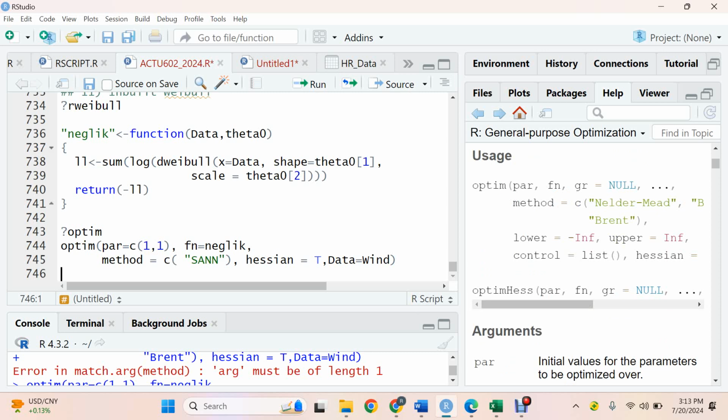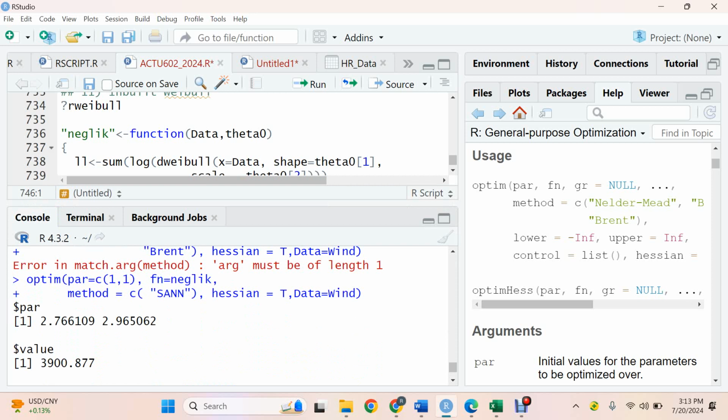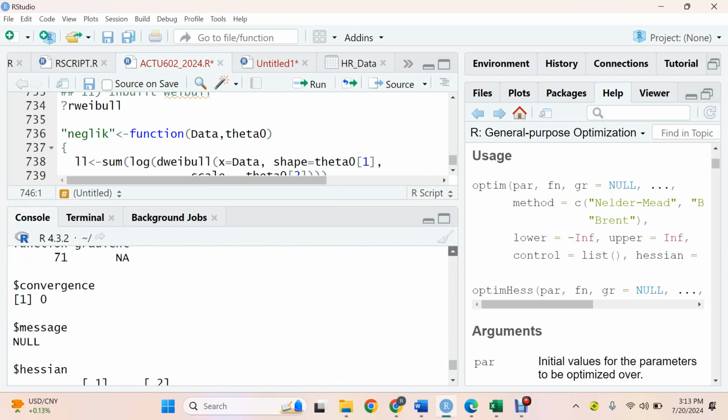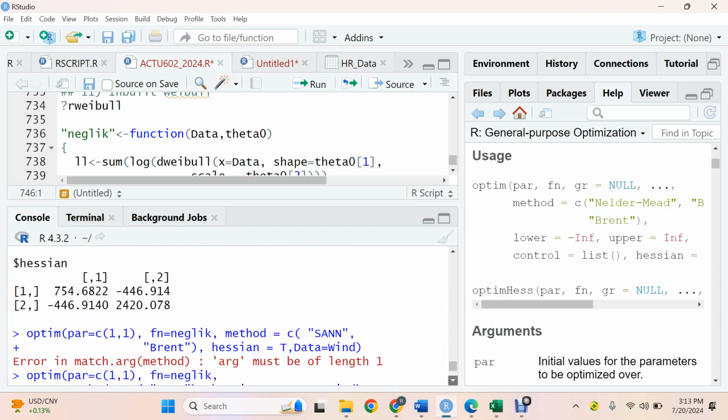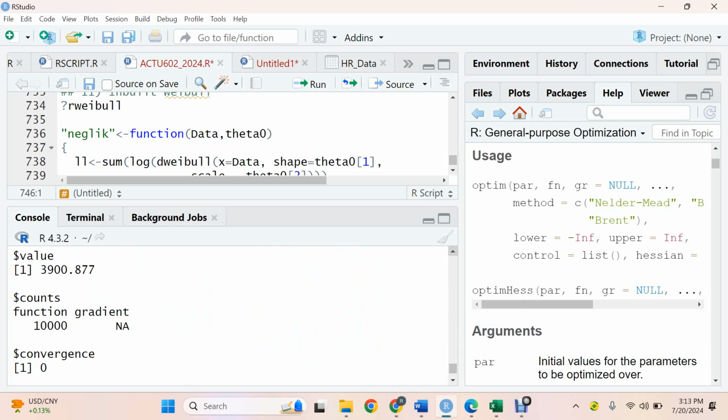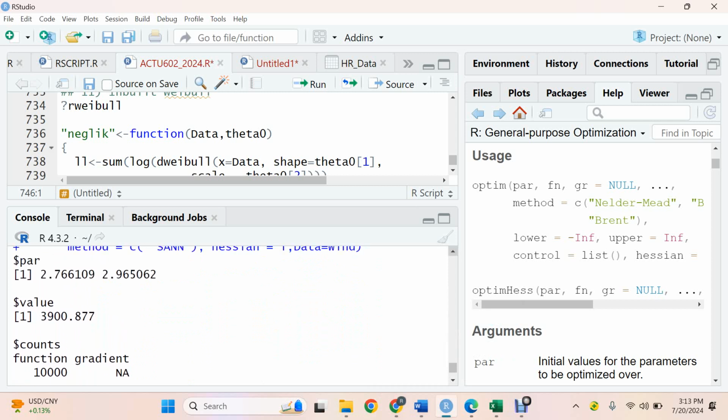But it's not that different. If I go back to the other one, we got 2.76722, right? And I think it's basically the same.